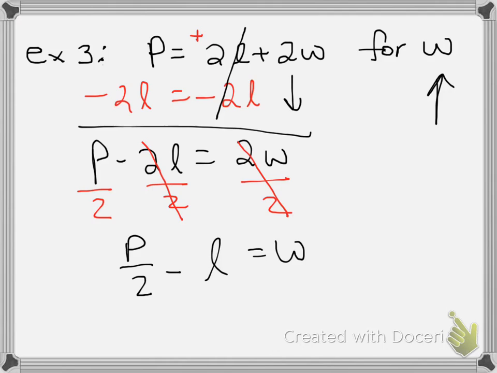So if we had the perimeter of a rectangle, we would divide it by 2 and then subtract the length from it to find the width. Another way you could write this is, there's really a 1 there, so it's really 1/2 P minus L equals W. Both of these are correct.